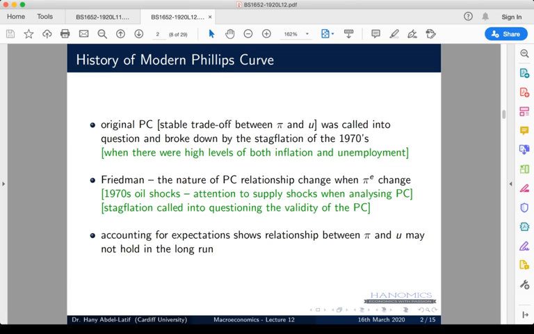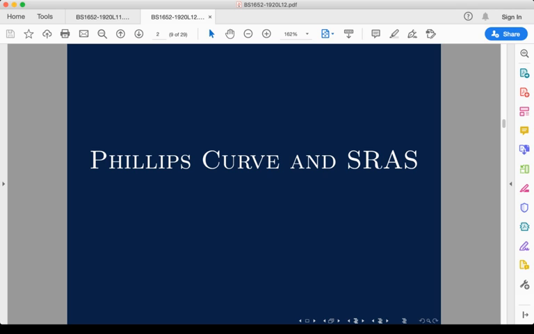So let's have a look at what that means, how it looks, and how it is linked to the short-run aggregate supply curve.